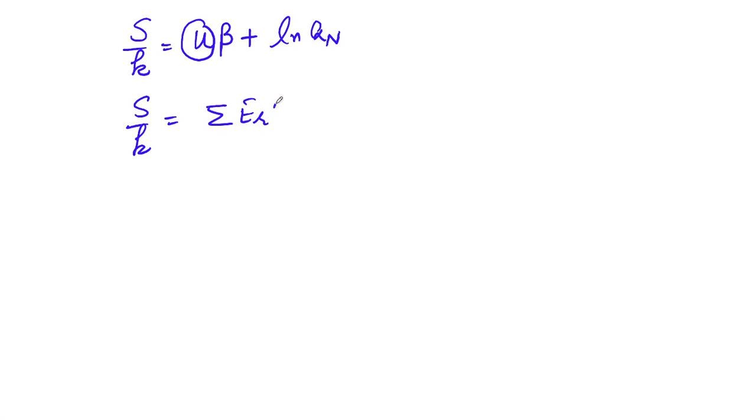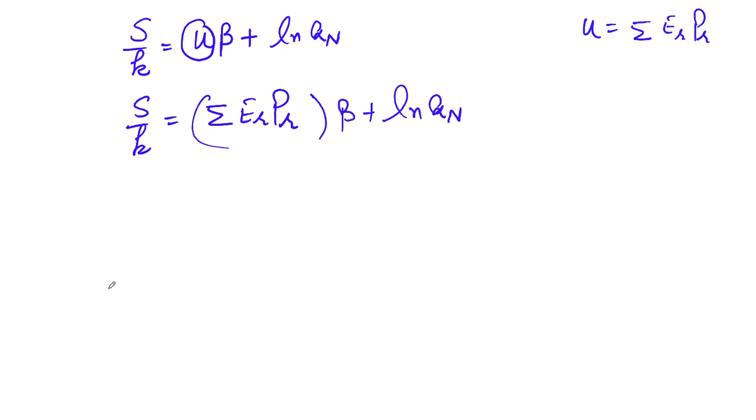So S over k, which we have derived, is U times beta plus log of Qn. We can rewrite this, where our average energy or internal energy per system of the ensemble is generally written as the summation of ER into PR, because we have derived this relation of average energy times beta plus log of Qn.